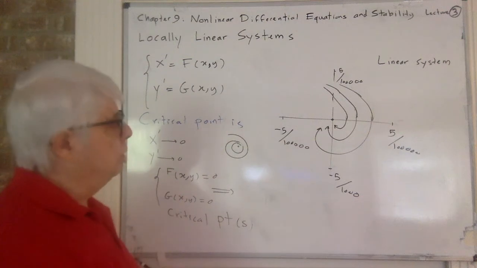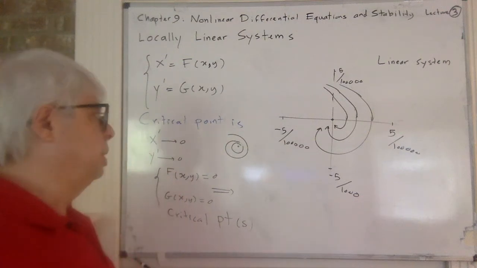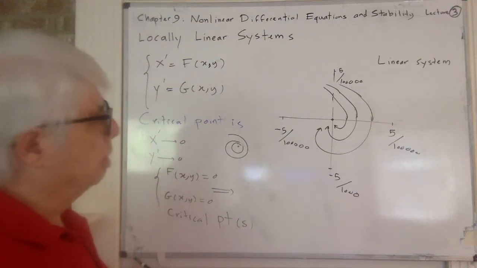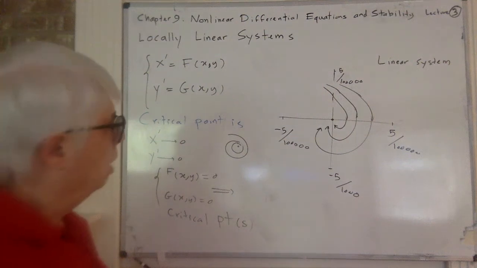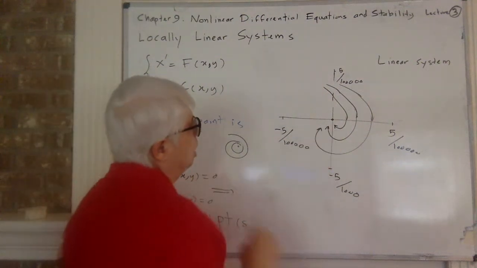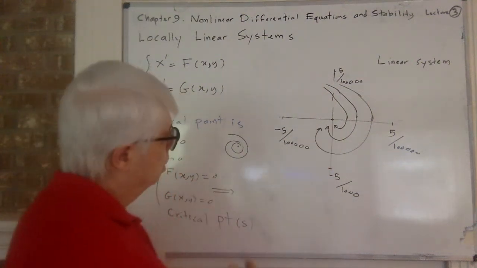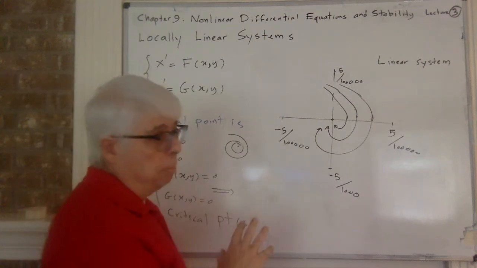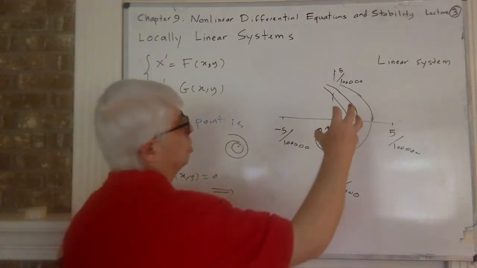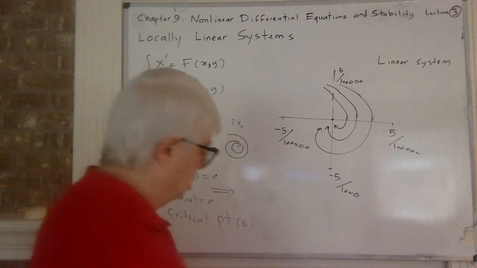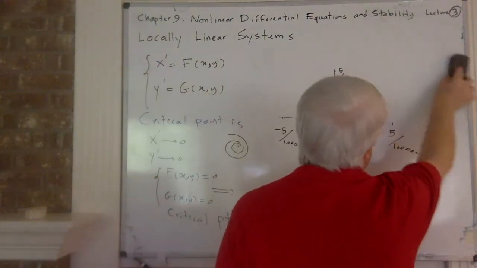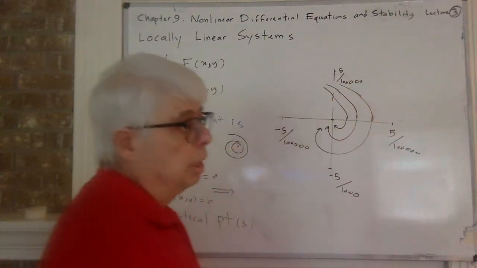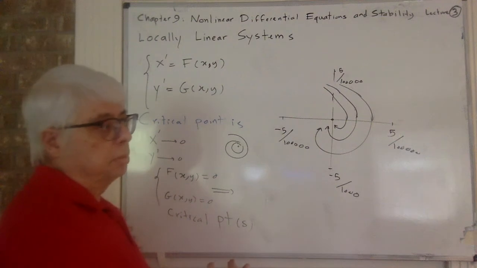The instability of the system happens at critical points. So this is telling me that when I get closer and closer for a nonlinear system, it seems that it is acting like a linear system.